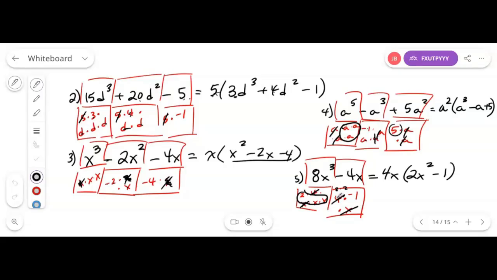It was 4 times negative 1. Oh, and 4. And 3. You're right. I should have written that as, but the reason I didn't write this as 4 times negative 1 is because by the time I got to this box, I realized there was no number part that was going to come out of each box.